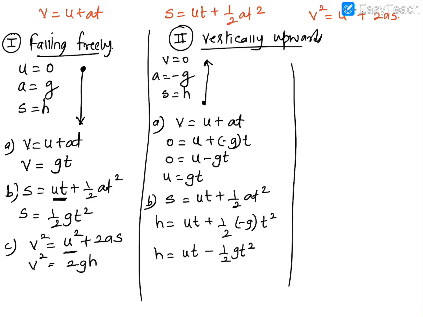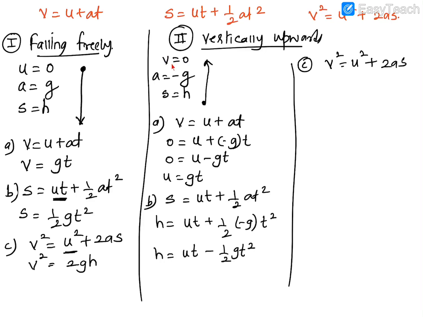And the last formula, C: v squared is equal to u squared plus 2as. Again substitute. No, V is not V, sorry. V is equal to how much, guys? Check. What is V equal to? 0.